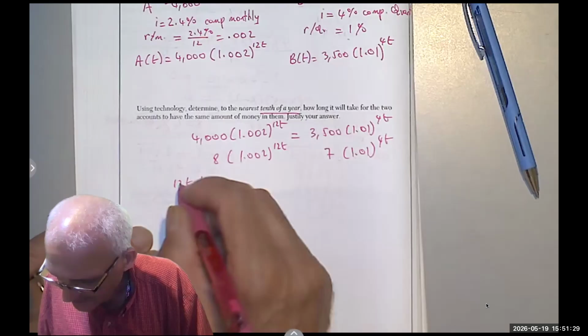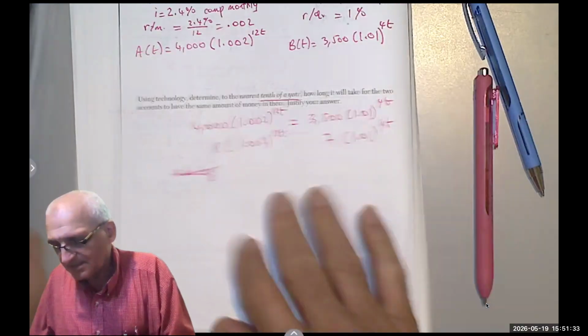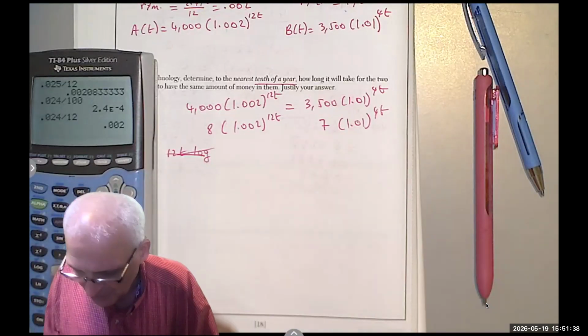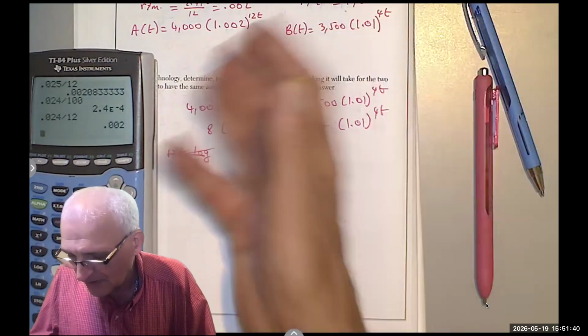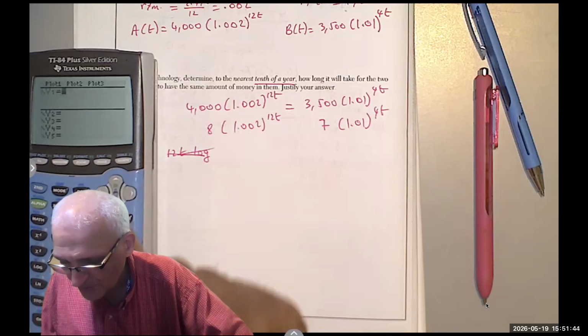Okay, you can do it this way, but it's going to be long and you have to divide, and it's better to, since they told you use technology, then it makes sense to use it.